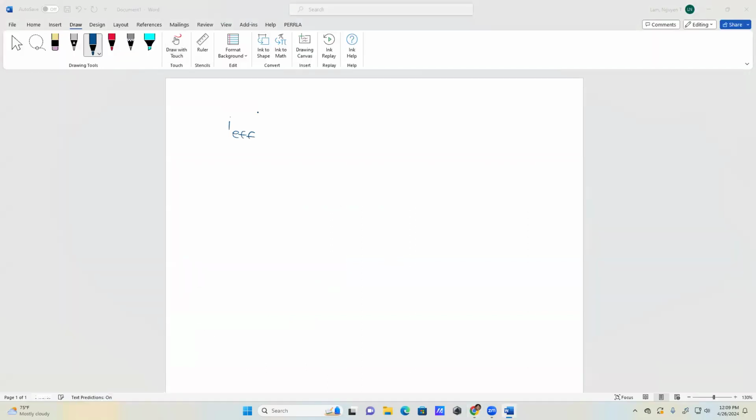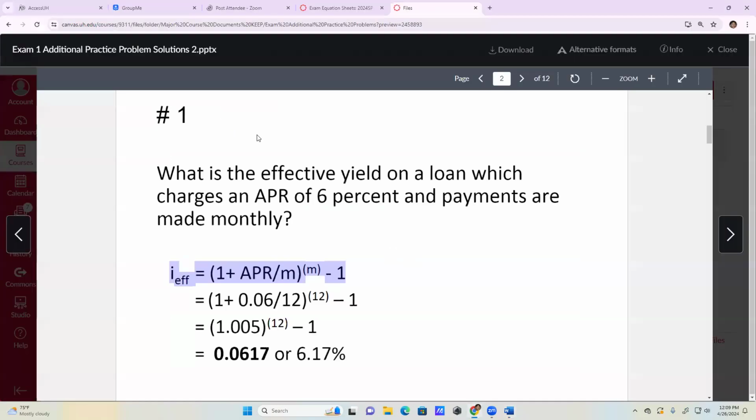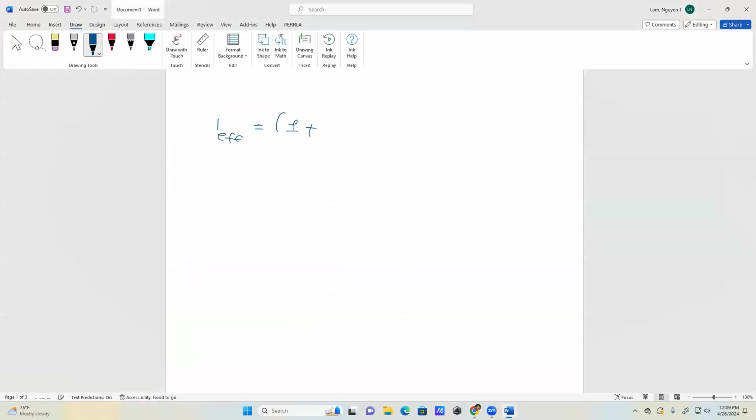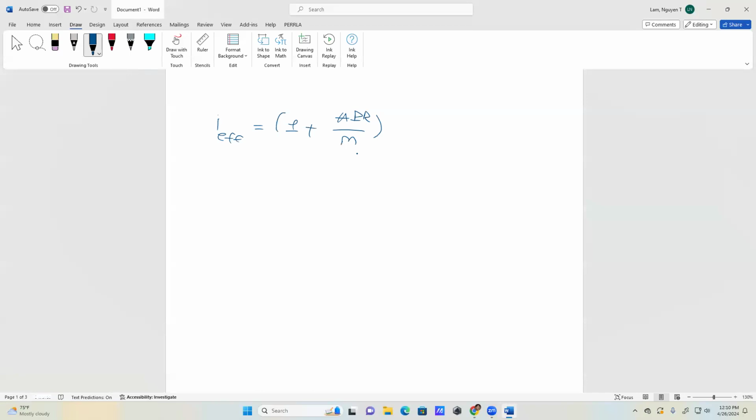So I effective equals 1 plus APR divided by how many periods happen, raised to how many periods happen.